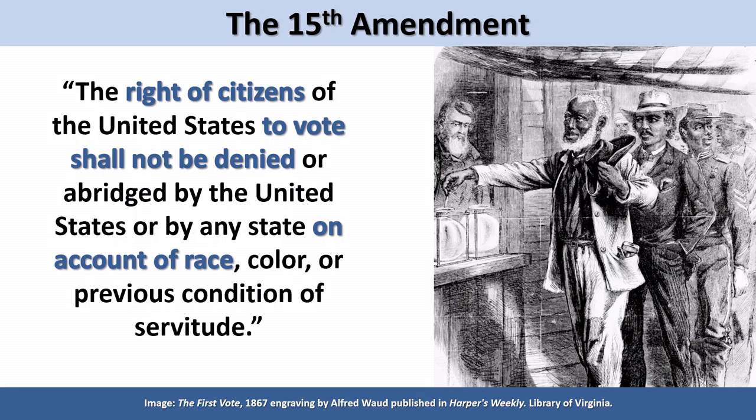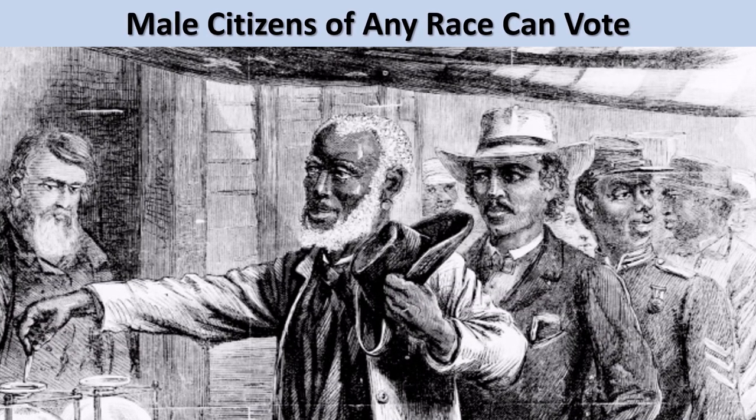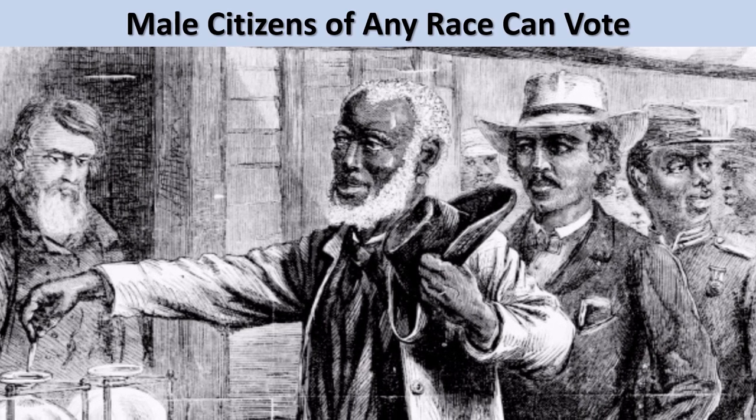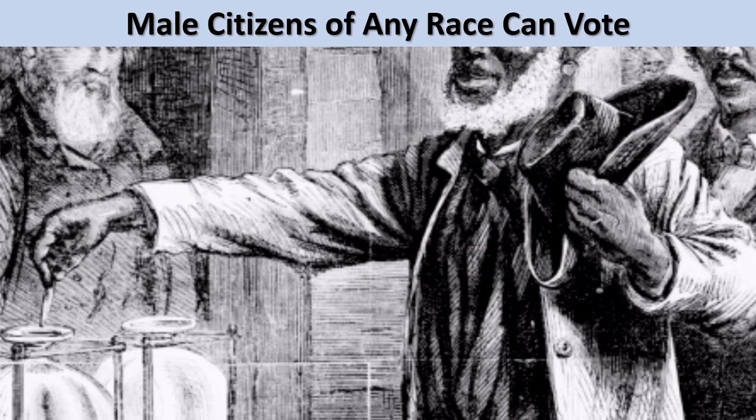Although the 15th Amendment was a large step forward for voting rights in the U.S., it did not end racial discrimination and access to participation in American democracy. According to the Constitution, male citizens of any race could now vote, but many states required citizens to pass a reading test or to pay a poll tax before they could vote, criteria that were by design much more difficult to meet for most former slaves than they were for upper-class white citizens.